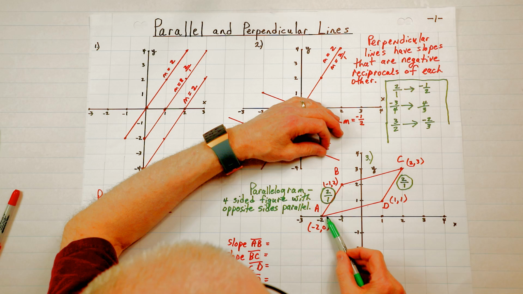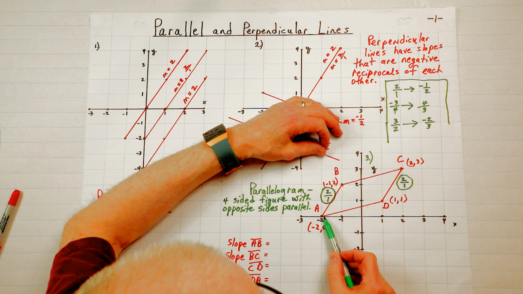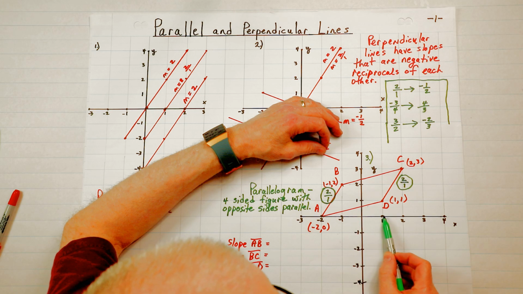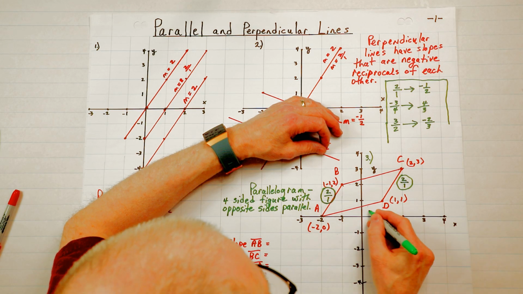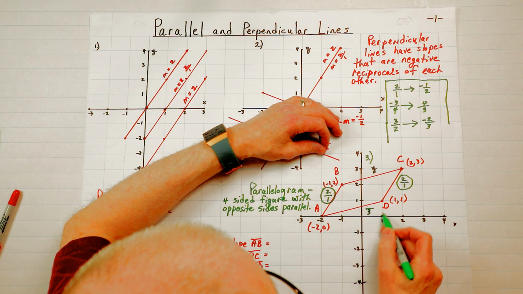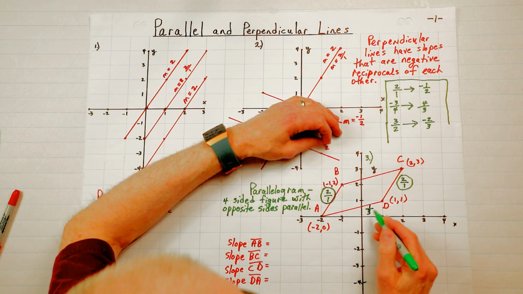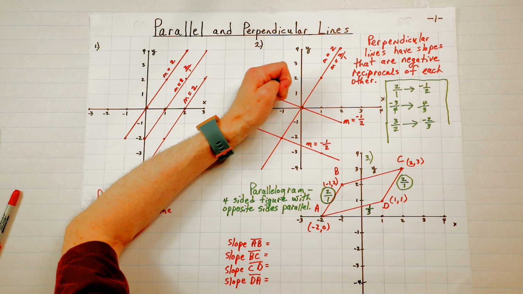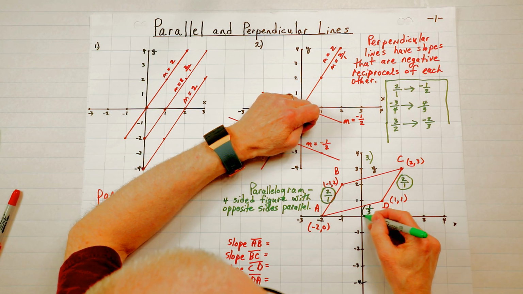Okay, let's get this one, AD. So this one goes to the right, 1, 2, 3, and up 1. So the rise is 1 and the run is 3. I'm going to circle that.